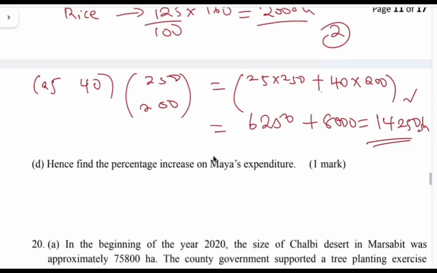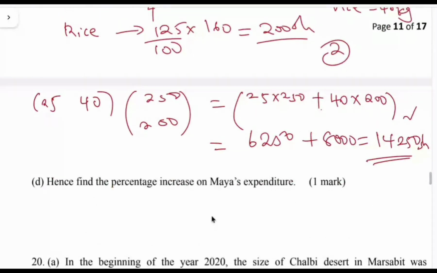Haya, the last question umeambiwa find the percentage increase on Maya's expenditure. So find the percentage. Lazima tupate original and lazima tupate your new price. Hizo ni muhimu, vitu viwili muhimu. Your original price ni 11,400 shillings.